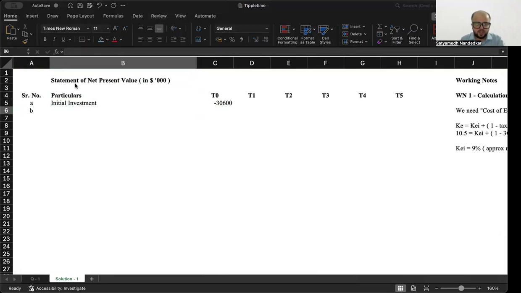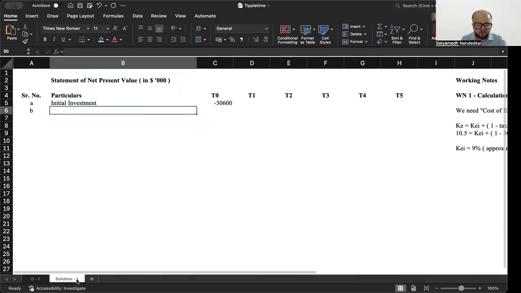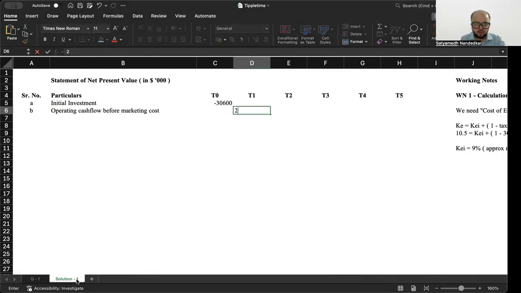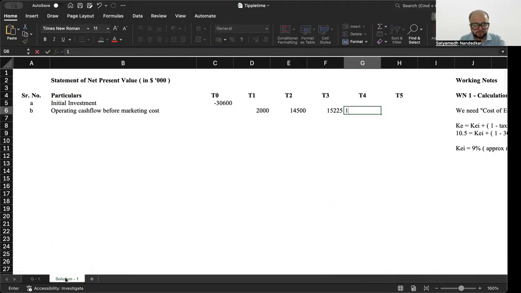Okay, after the initial investment, let us see what is operating cash flow before marketing cost. 2,000, 14,500, 15,225, and 15,834.